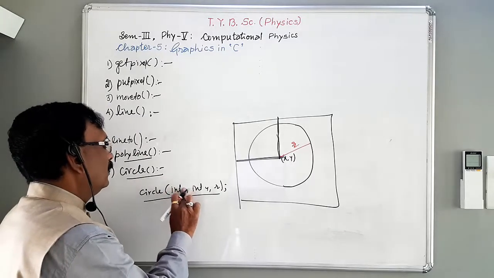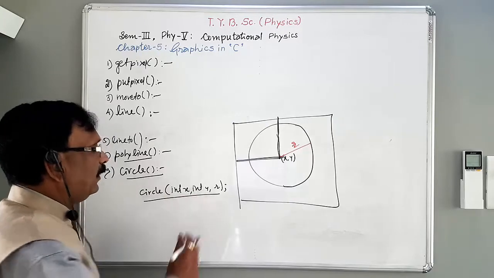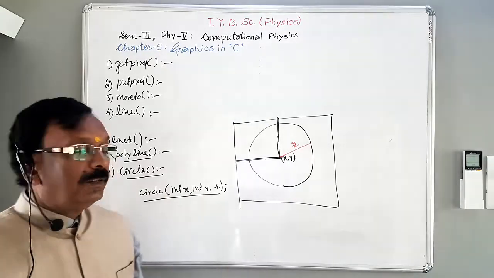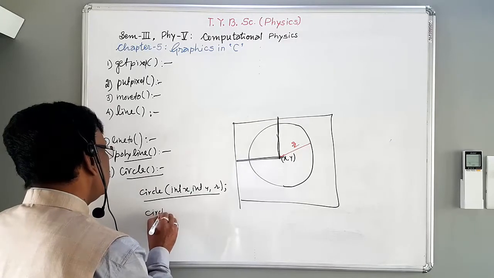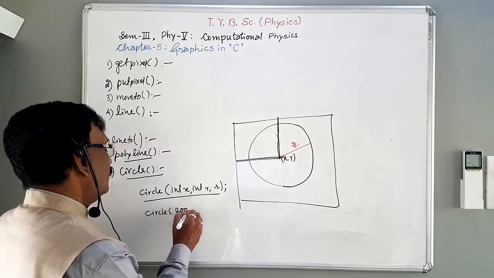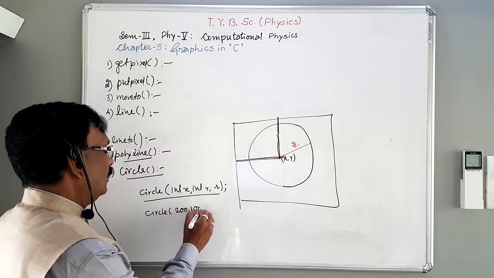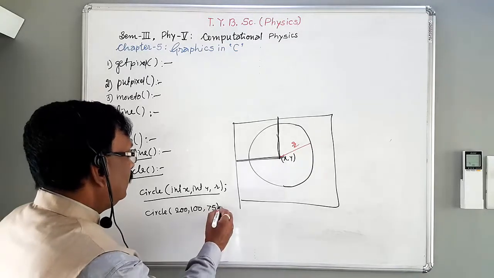Give the integer x, integer y and radius. Suppose we use the command circle with 200, then 100 and 75. Then what will happen?